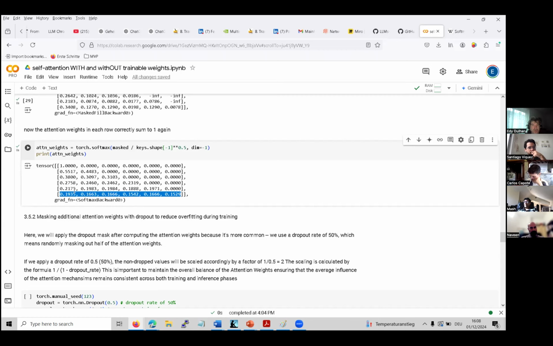Does it make sense to you? Because for me it doesn't. For me, the word journey is closer to the word step than the word first is. Or maybe I'm wrong. How do you see it? In other words, how can we be sure that the quality is performing well?